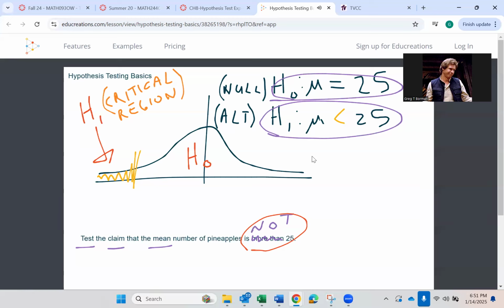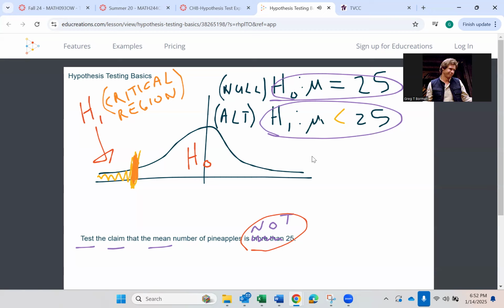Oh, and incidentally, this number right here that separates the critical region from the non-critical region, sorry, I was getting ahead of myself, this is the critical value. The number that ends up over here or over here, that's called the test statistic. So you find the test statistic, see if it ends up in the critical region, the H1 region, or the H0 region, and you go with the corresponding hypothesis.